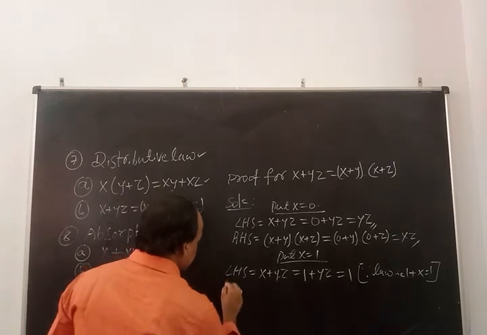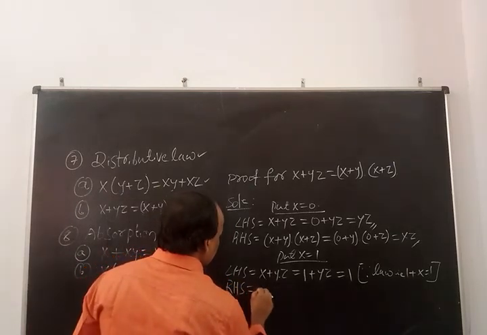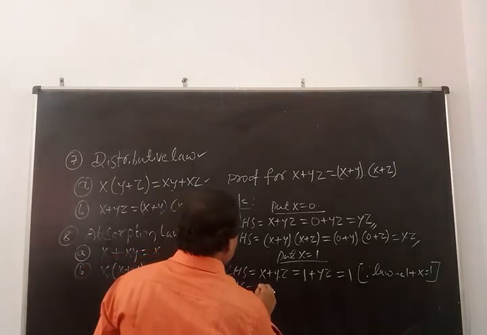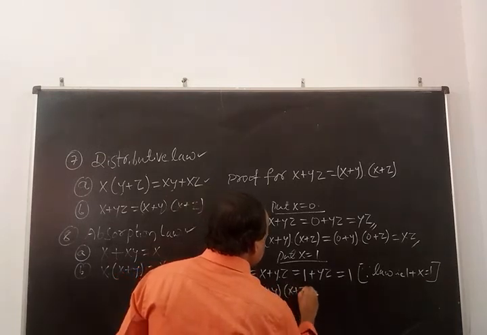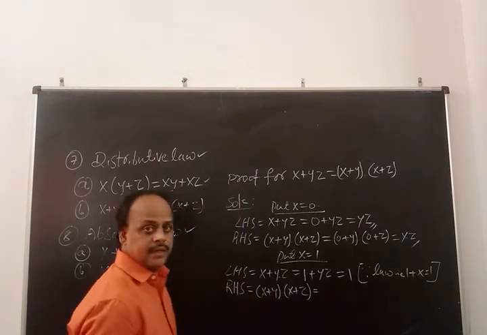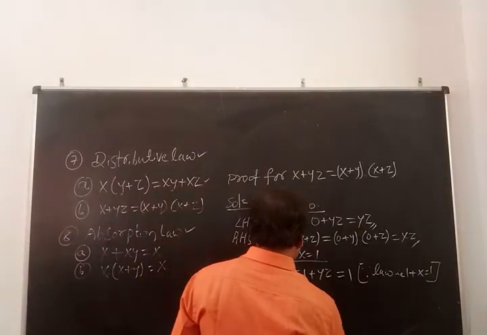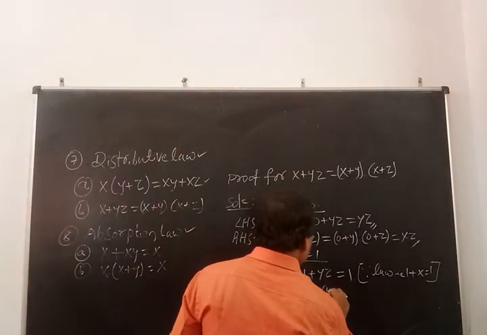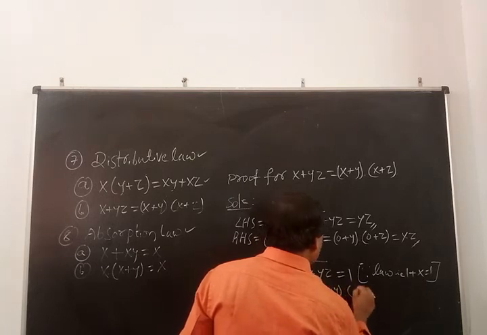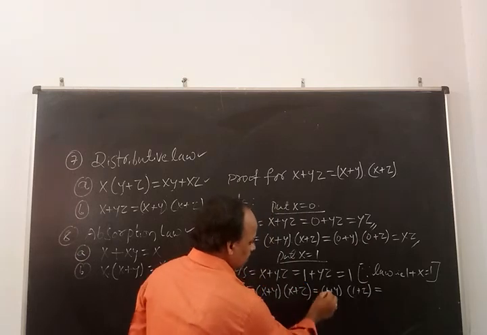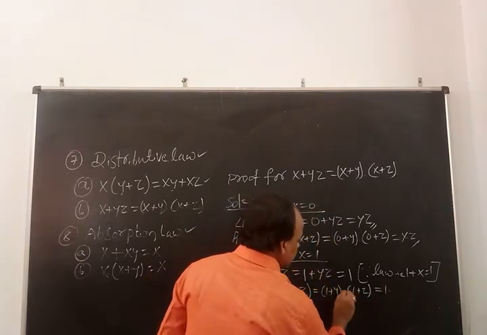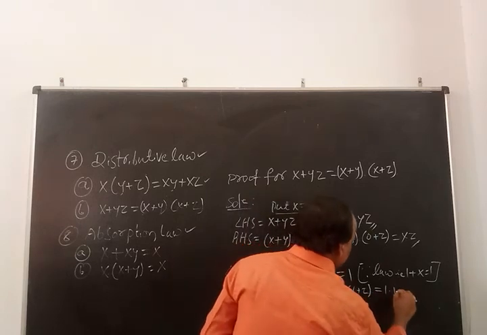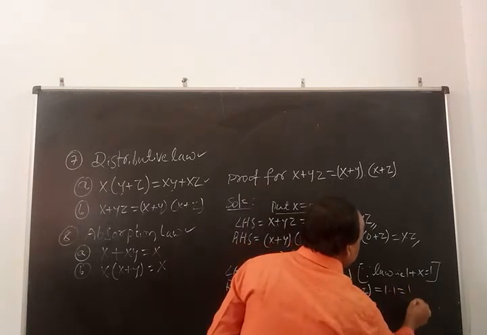Let us see RHS. RHS is equal to x plus y into x plus z, right? See here, x means 1, right? 1 plus y into 1 plus z is equal to, see here, 1 plus anything is 1, into, in this bracket 1 plus z means 1, 1 into 1 is 1, right?